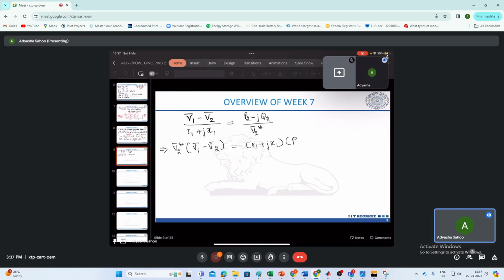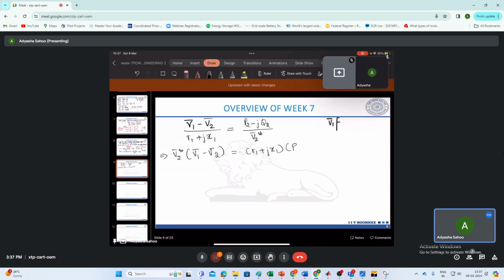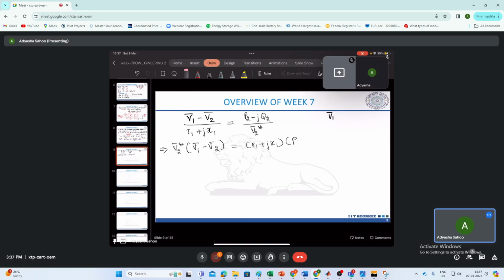So we know that for this V1, V1 is basically V1 magnitude at angle delta 1, and this I can write as V1 cos delta 1 plus J V1 sin delta 1, right, in the rectangular form.